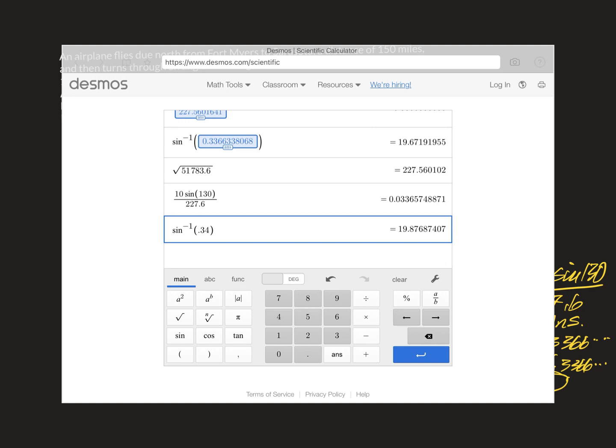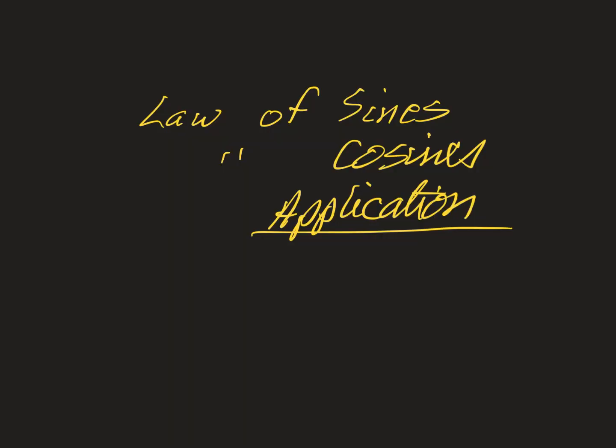And so this is one of the things you really want to learn, how to use that answer key on your calculator. It'll really, really help you, okay? So just to wrap up, we did a law of sines and a law of cosines application today.